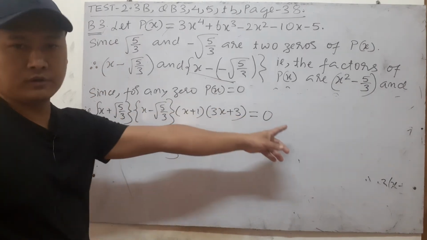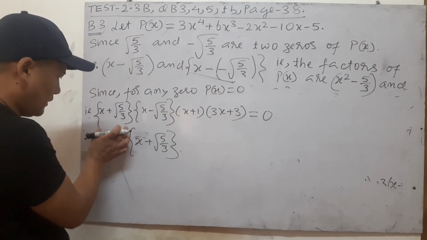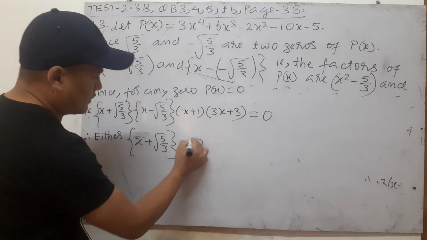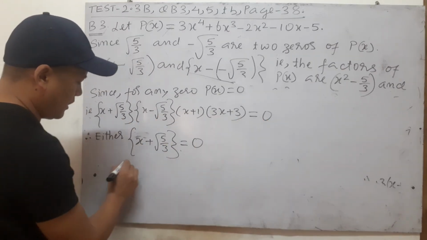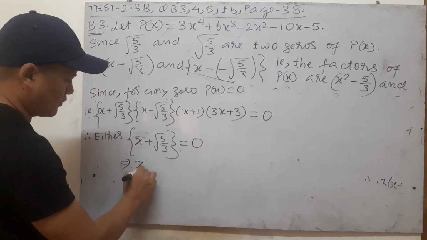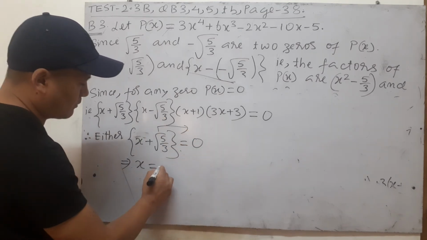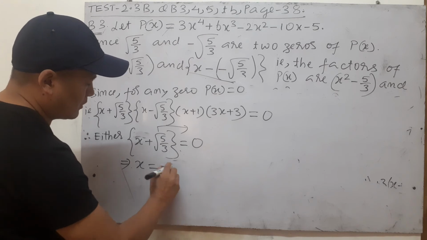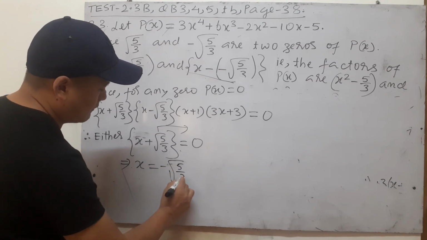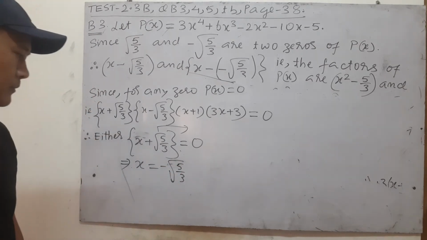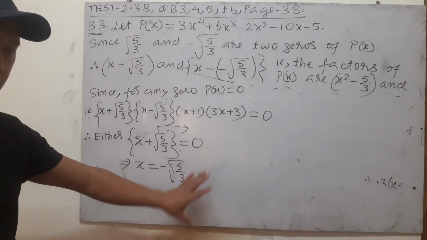Otherwise it cannot come out equal to 0. So if this factor is equal to 0, then x will be equal to, going to the right side, minus root 5 by 3. So that is the first zero.